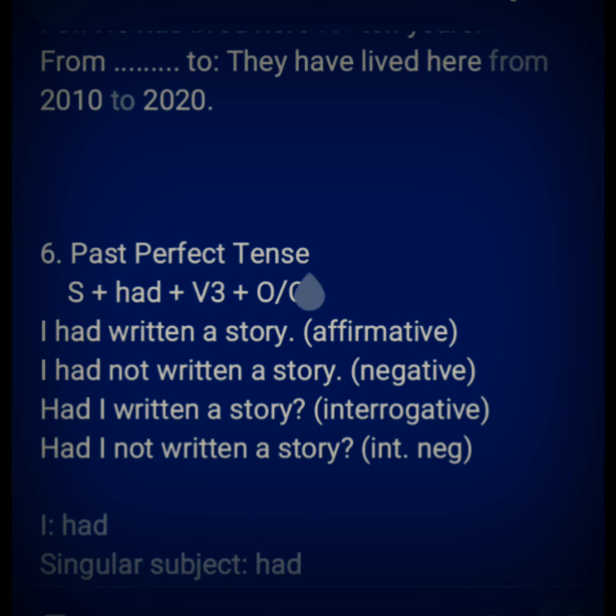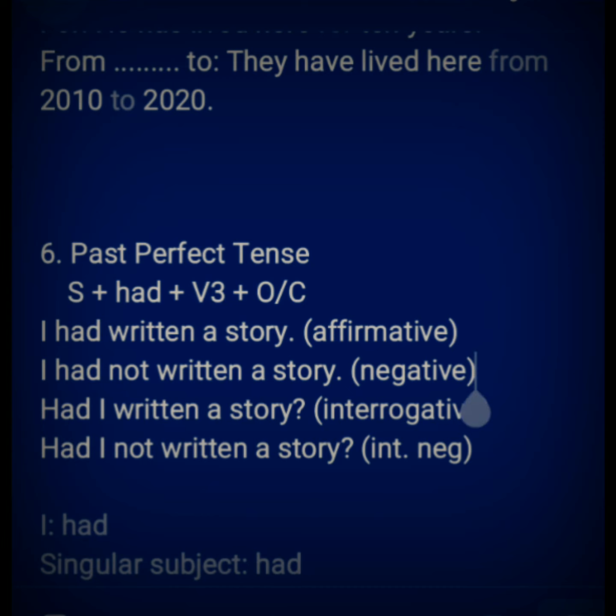At number 6, there's past perfect tense. In the past perfect tense, the formula is subject plus had, helping verb, plus V3, third form of the main verb, plus object or complement. I had written a story. This is an affirmative sentence. That means in the remote past, I had completed writing a story.